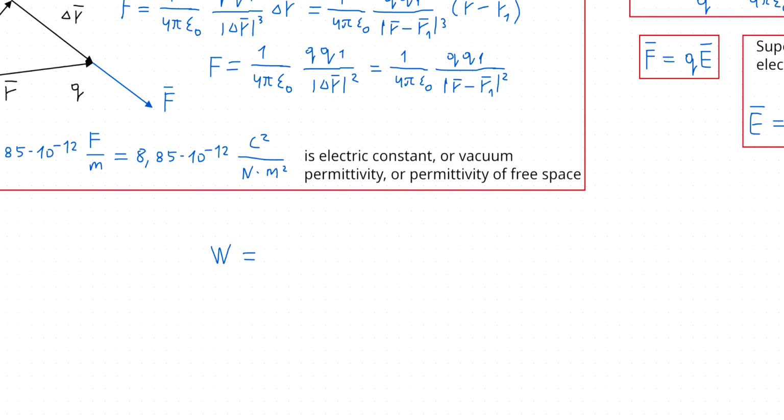So potential energy, according to the definition, is equal to minus the linear integral from r0 to r of force F dr, plus some initial potential energy W0, which is the potential energy in the point defined by radius vector r0.